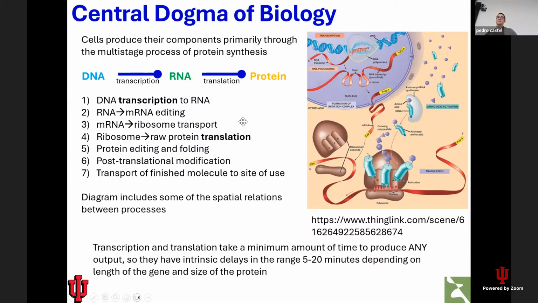The central dogma of biology is basically telling us how from the genome of the cell, you get the proteins. So how does the information from the genome become the phenotype of the cell? How much of a certain protein the cell has, and so on and so forth.